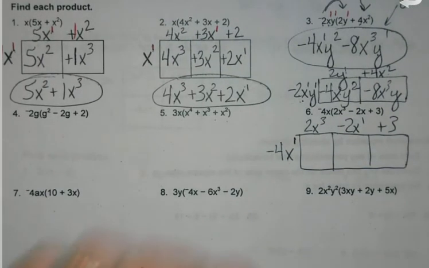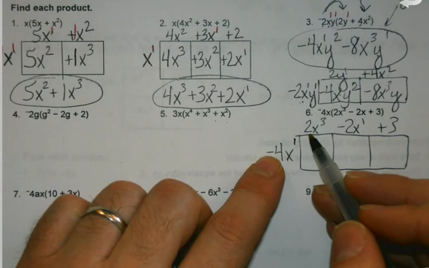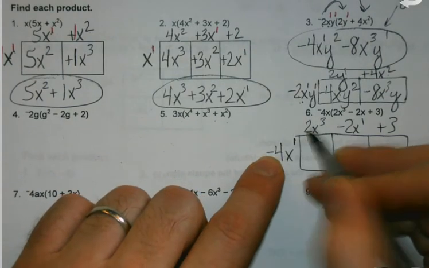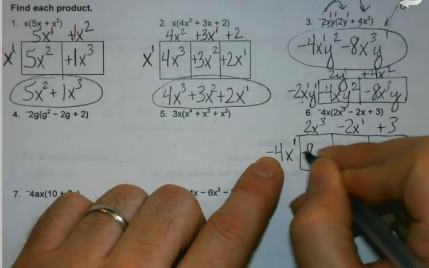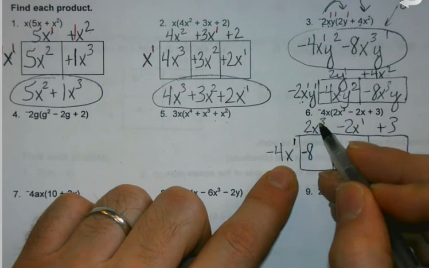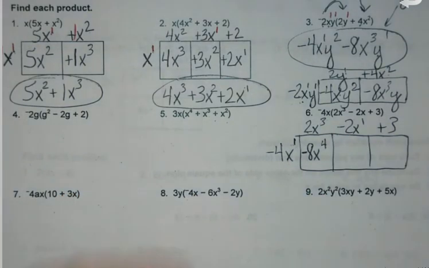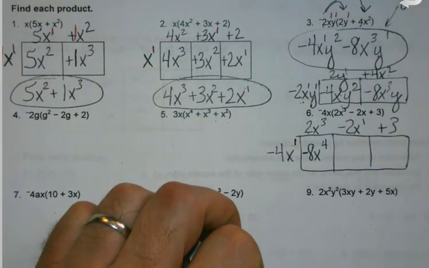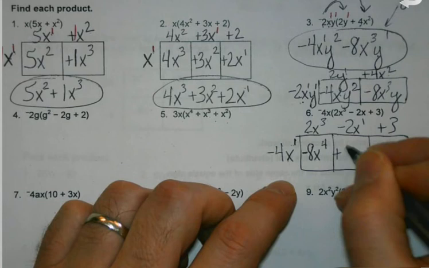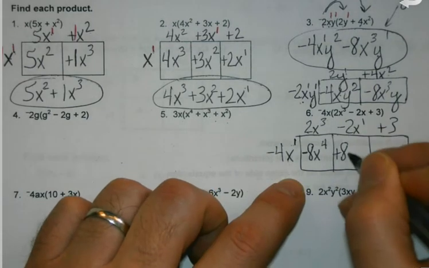All right, so when I get to here, again, multiply the numbers in front and add your exponents on like variables, because when we multiply, we're adding the exponents. What's my second box going to look like? Okay, positive 8, because negative times negative is positive.